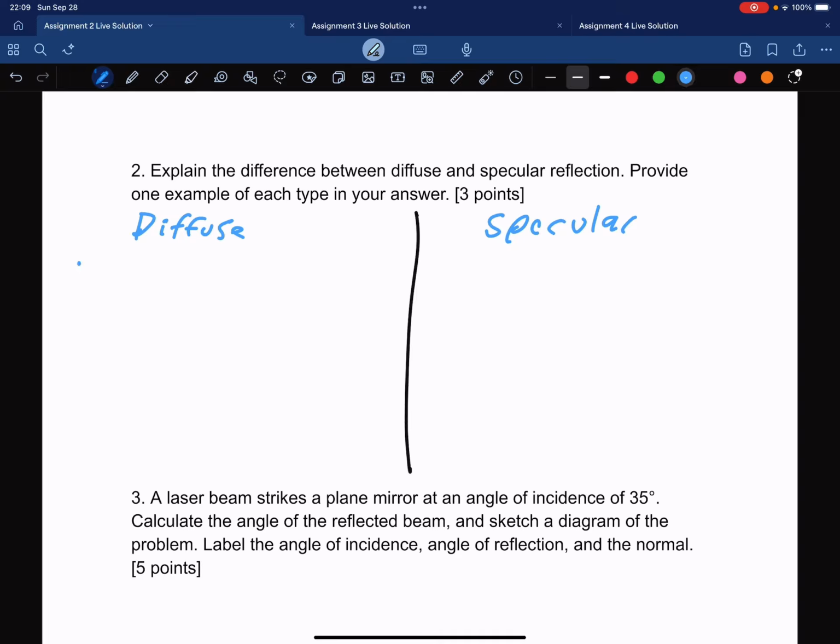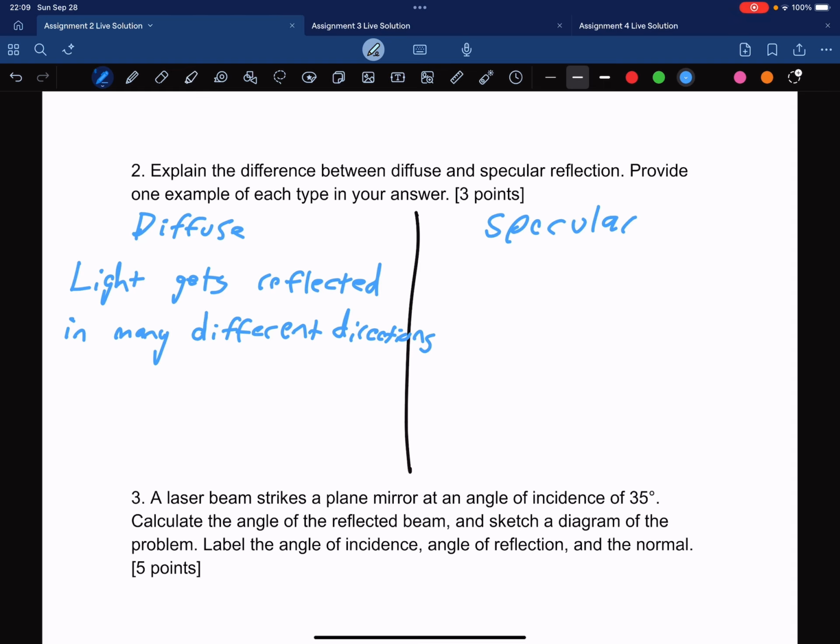So I will say that light gets reflected in many different directions.